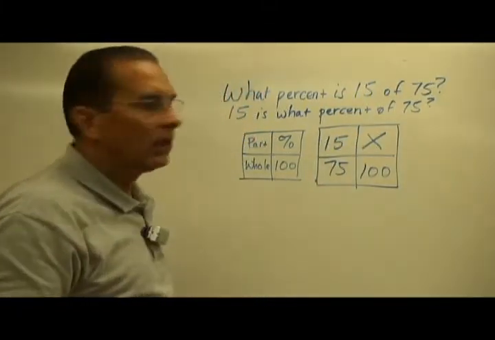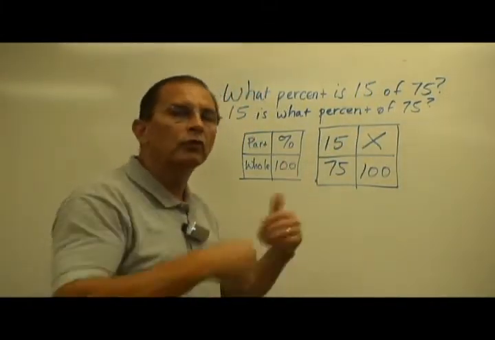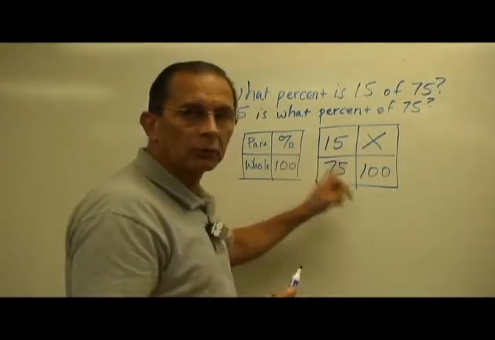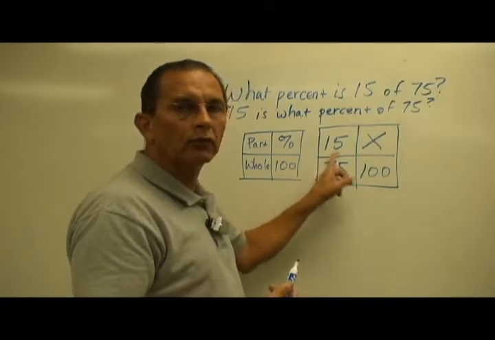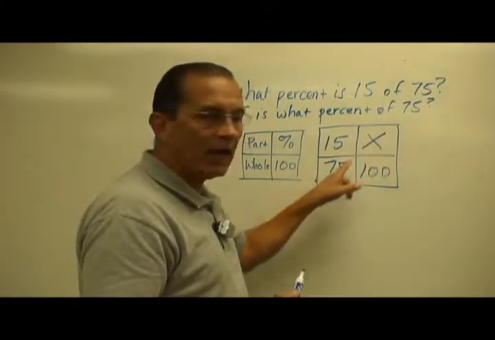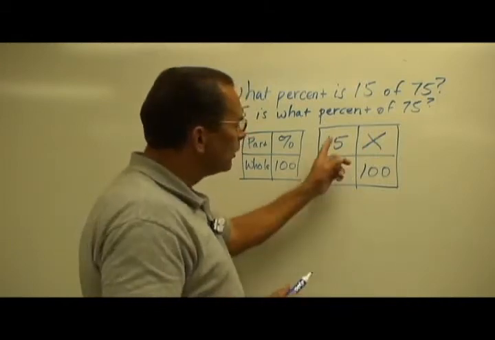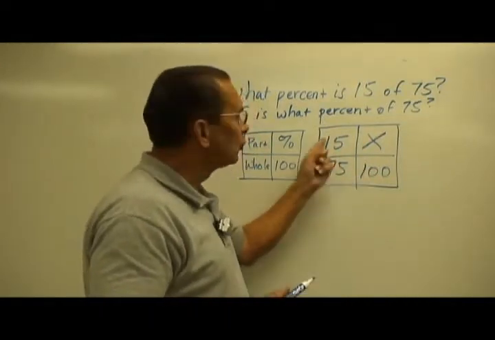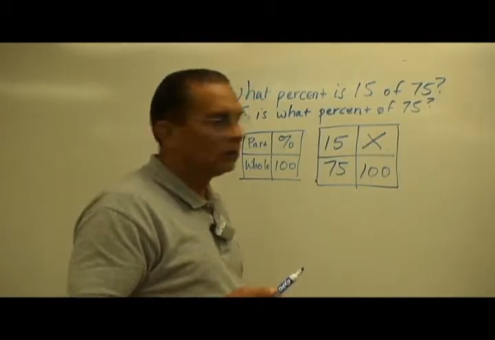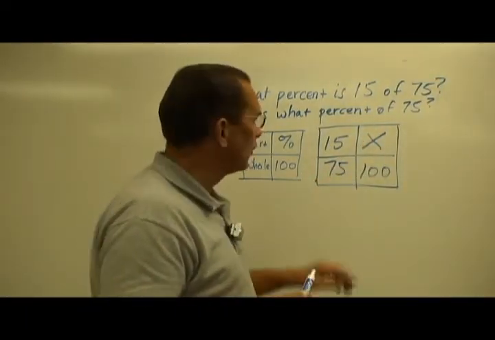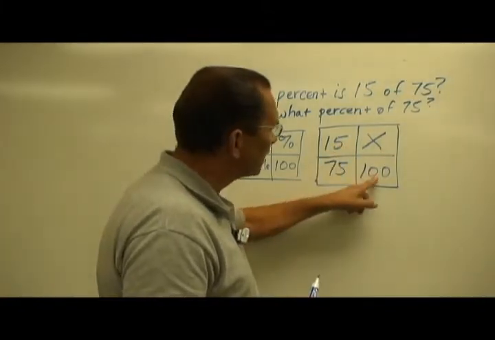Now we're going to use the same formula we've used before when we were finding the percentage of a whole. We're going to multiply the two numbers across from each other and divide by the number across from the unknown. Let me say it again. You always multiply the two numbers across from each other and divide by the number across from the unknown. So we're going to multiply 15 times 100.